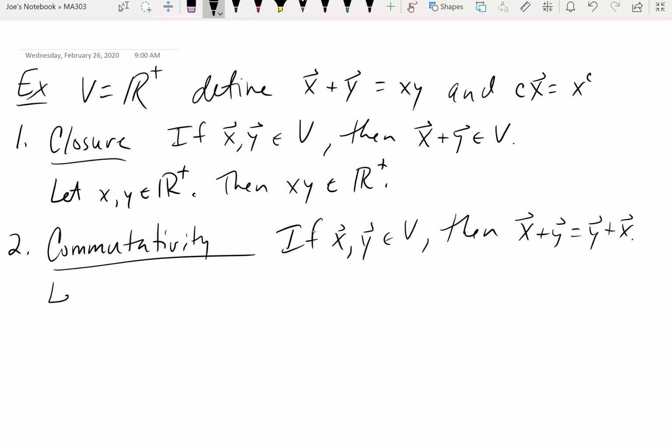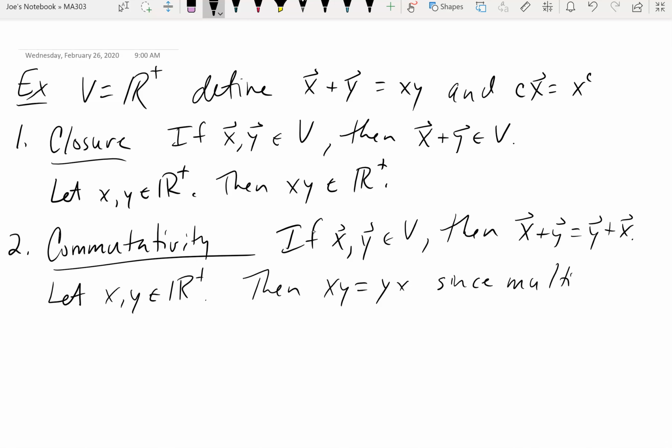So again, I'm just going to state this in terms of the context of the problem. The context of the problem says that my vectors are positive real numbers. So I'm going to start with two positive real numbers. I'm going to let x and y be positive real numbers. Then xy is certainly equal to yx, since multiplication of real numbers is commutative.